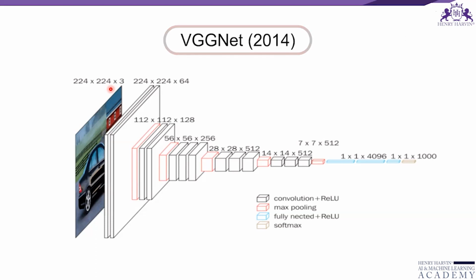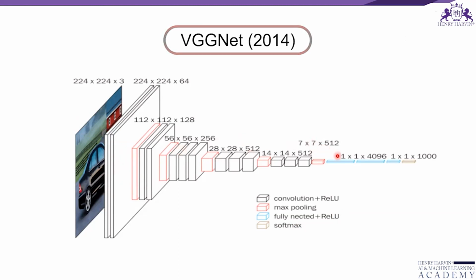Here in this figure, you can see the VGG structure diagram. You can see convolution plus ReLU, this stands for the maximum pooling, then fully connected plus ReLU, and the last one is softmax.